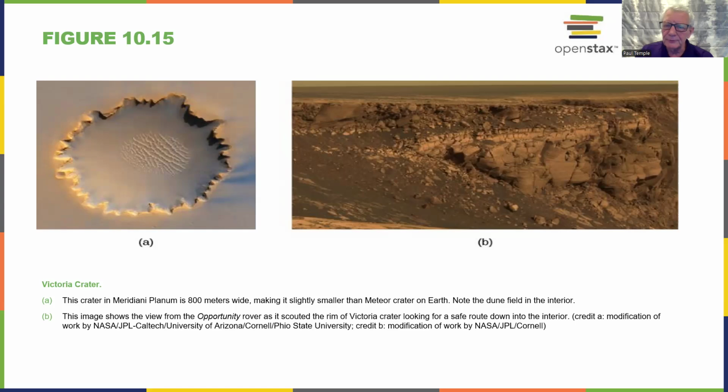I don't know if you can see the cursor, but notice there are layers here. This really blew people away because so many people were not expecting any kind of layered formation on Mars. And yet this is some of the evidence of water having been on Mars at one time.